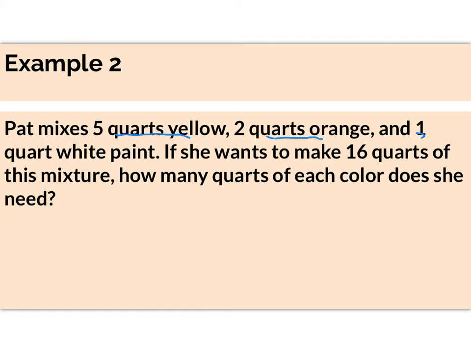So now we have to make up some kind of proportion. So let's take 5 yellow over the total amounts. 5 plus 2 plus 1 makes 8 quarts of paint. So 5 quarts yellow out of 8 quarts of paint.